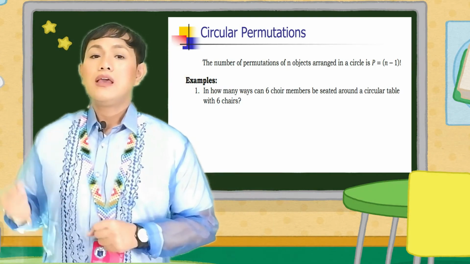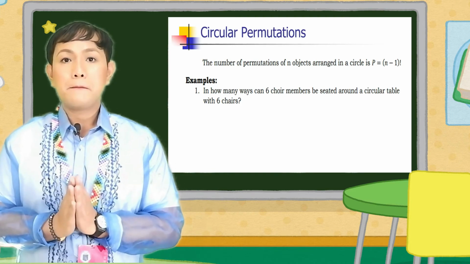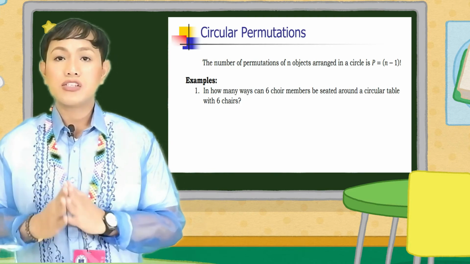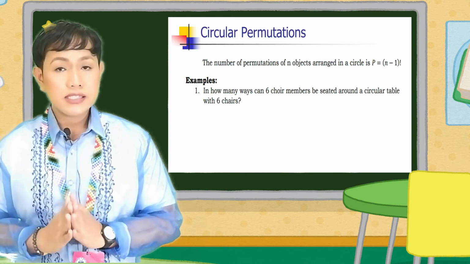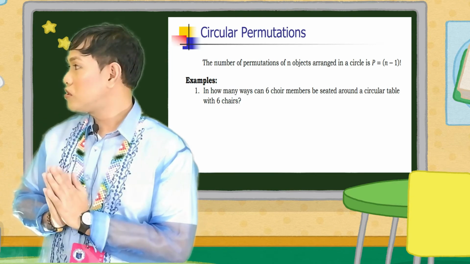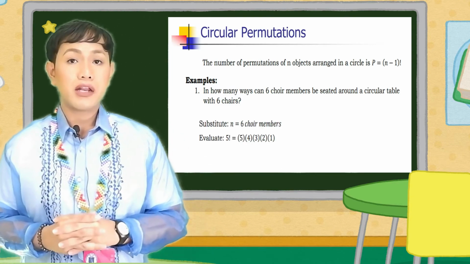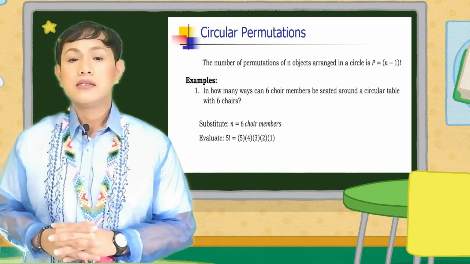Example 1. In how many ways can 6 choir members be seated around a circular table with 6 chairs? So our solution would be P is equal to the quantity of n minus 1 factorial.